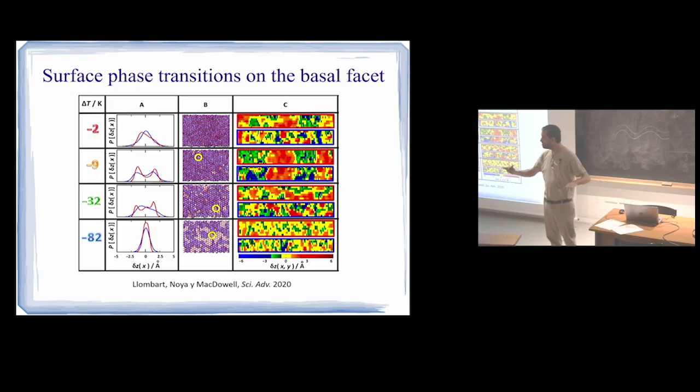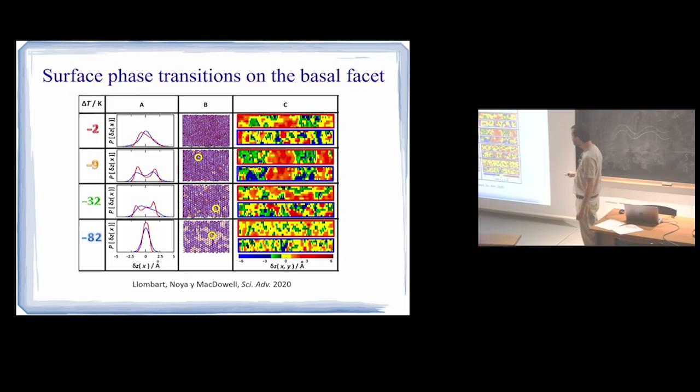The fluctuations are small and Gaussian. That's not unexpected. But look what happens at minus 32 degrees. My Gaussian distribution starts becoming very clearly a bimodal distribution of both surface heights. I'm plotting in blue the solid liquid surface of my pre-melting film, and in red the liquid vapor surface of my pre-melting film. They become bimodal.